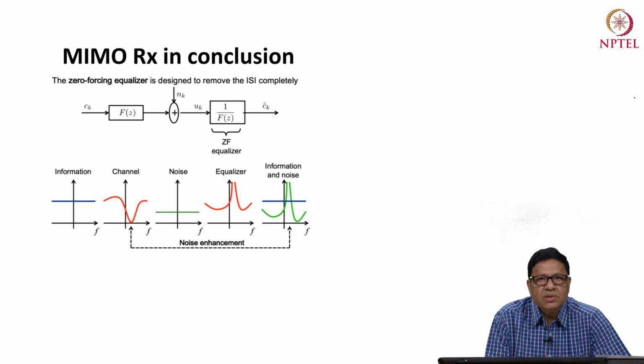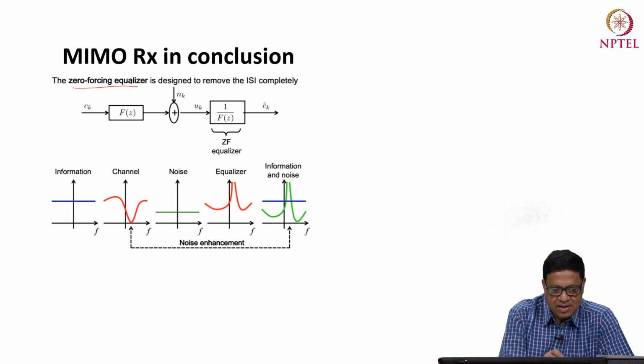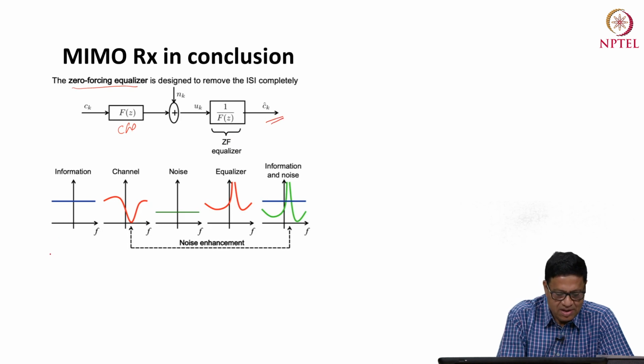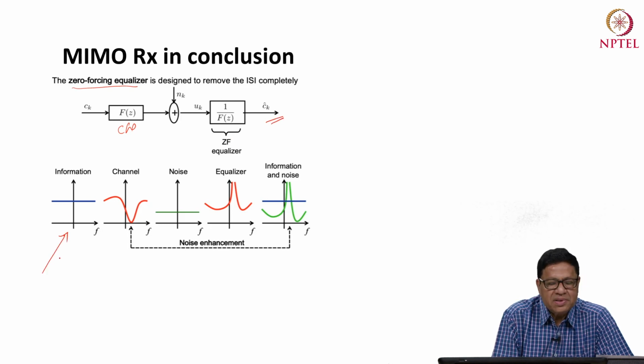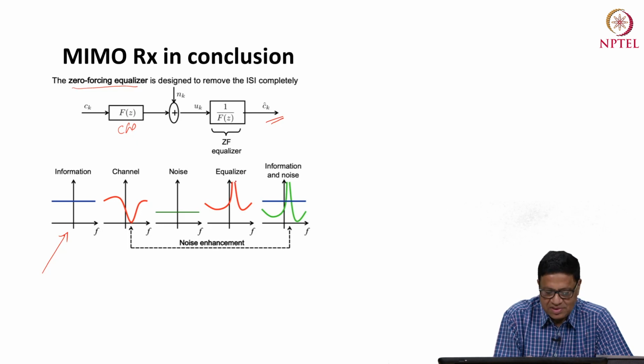So in conclusion, MIMO receiver for zero forcing equalizer. This is your channel here, this is the equalizer, and this is the estimated output. This is the information part, and this is the channel which is tending to 0. And if you see the equalizer, this will blow up to infinity, because it is a zero forcing receiver.